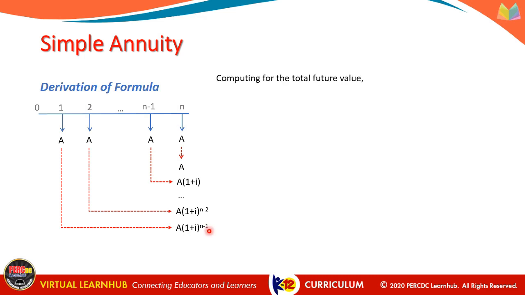Okay? Computing for the total future value, we have F is equal to A, that's for this one, plus A times 1 plus I, that is for this one, until A times 1 plus I raised to N minus 1, that is for this one. We will call that equation number 1.